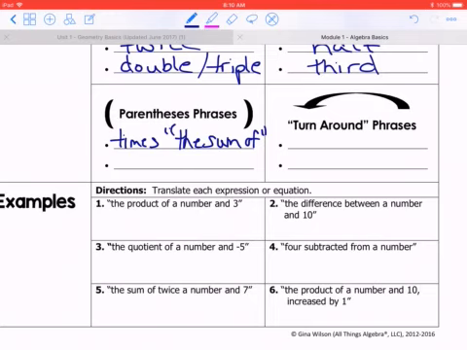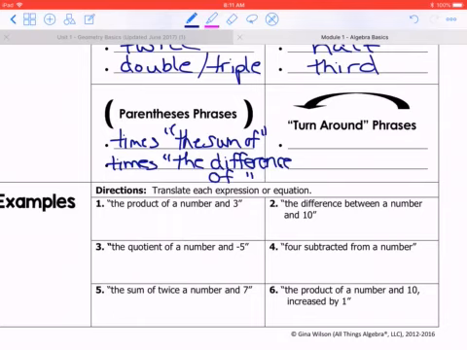If I'm saying 3 times the sum of something else, you're going to put the sum of in parentheses before you're multiplying. And the same thing is true if we say times the difference of, because that means you're going to have to be subtracting before you're multiplying, within the parentheses. So again, times the sum of or times the difference of, that's going to let you know that you're going to need parentheses. You're going to have a distributive property going on.